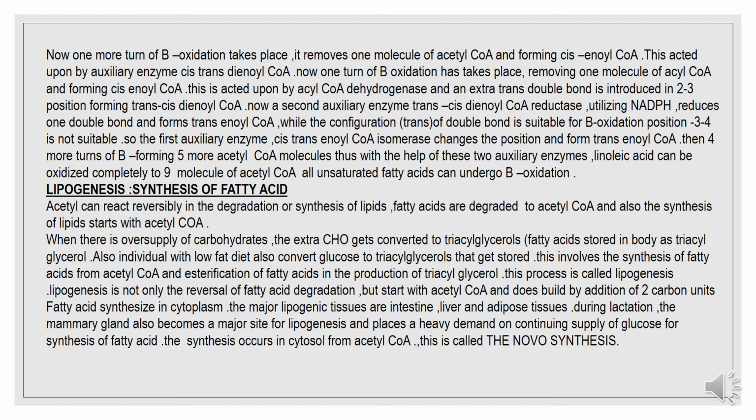Thus, with the help of these auxiliary enzymes, linoleic acid can be oxidized completely to 9 molecules of acetyl coenzyme A. All unsaturated fatty acids can undergo beta oxidation.